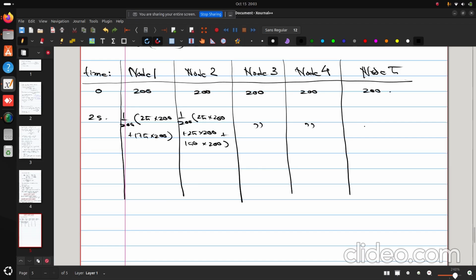For the last node, it will be 1 by 200 times 25 times 200 plus 125 times 200.